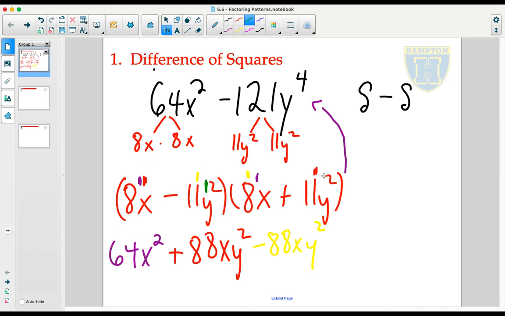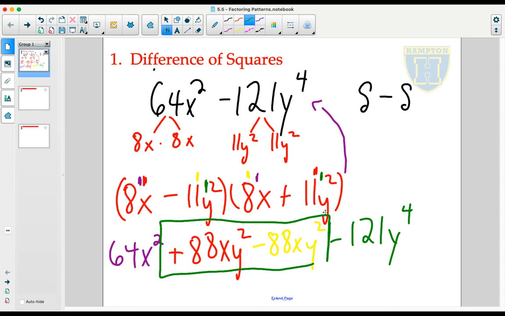And 11y squared times 11y squared is 121y to the fourth. We can see that these two terms are opposites of one another, therefore they sum to 0, and we're left with our original binomial.